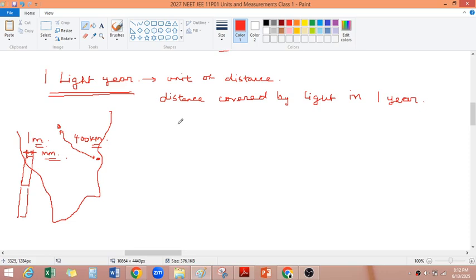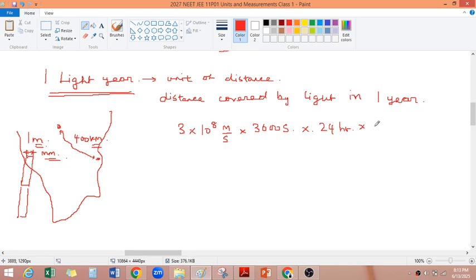You know that light travels at the speed of 3 into 10 power 8 meter per second. In 1 hour I have 3600 seconds. In one day I have 24 hours.